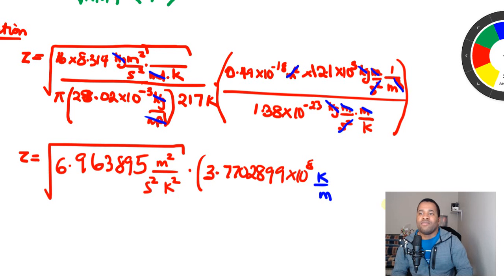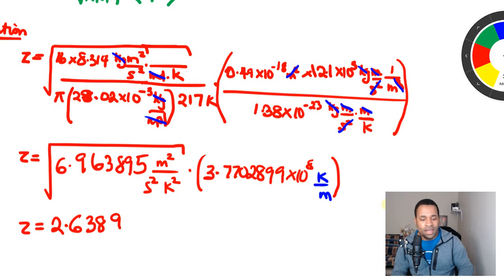So in this part, by performing your square root for this particular segment, we have our z to be equal to 2.6389. Take note that the unit now is actually measured in meter per second kelvins.